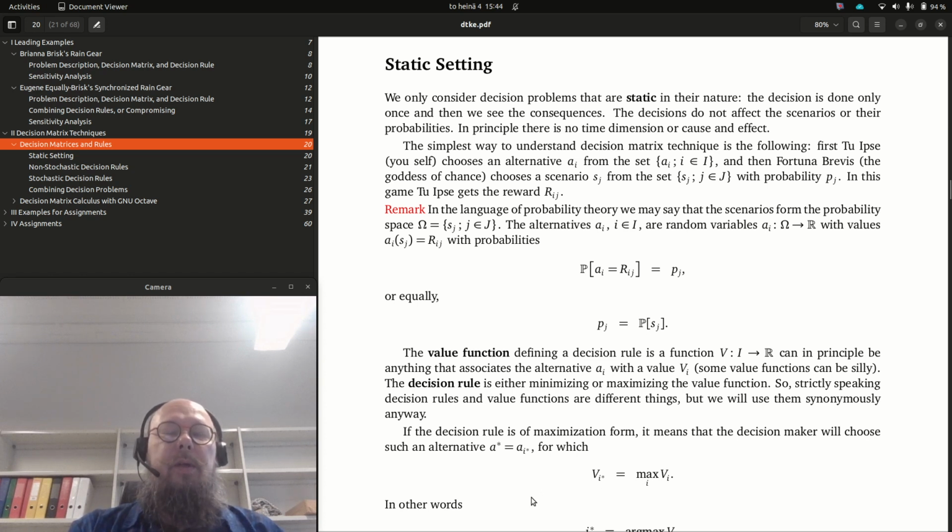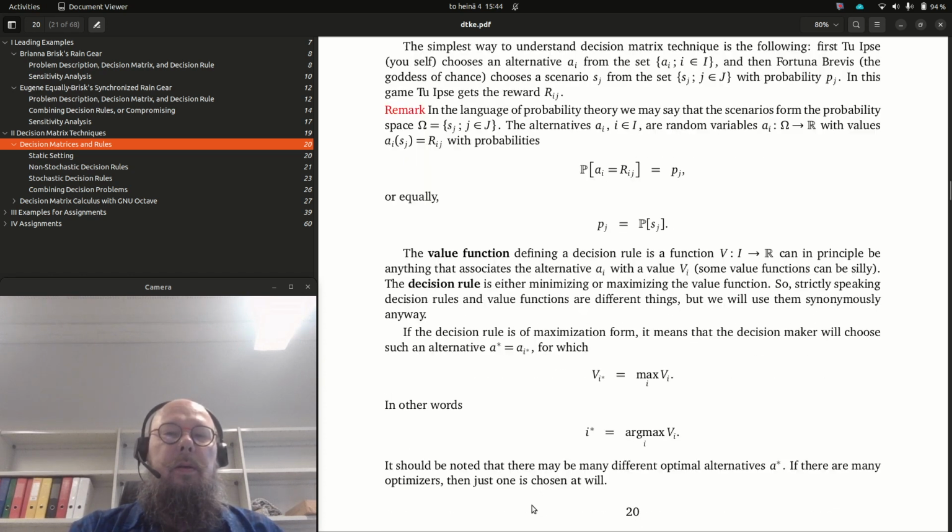In other words, again just notation, i star is the argmax over i of v_i. This argument maximum picks up the index i for which v_i is maximized.